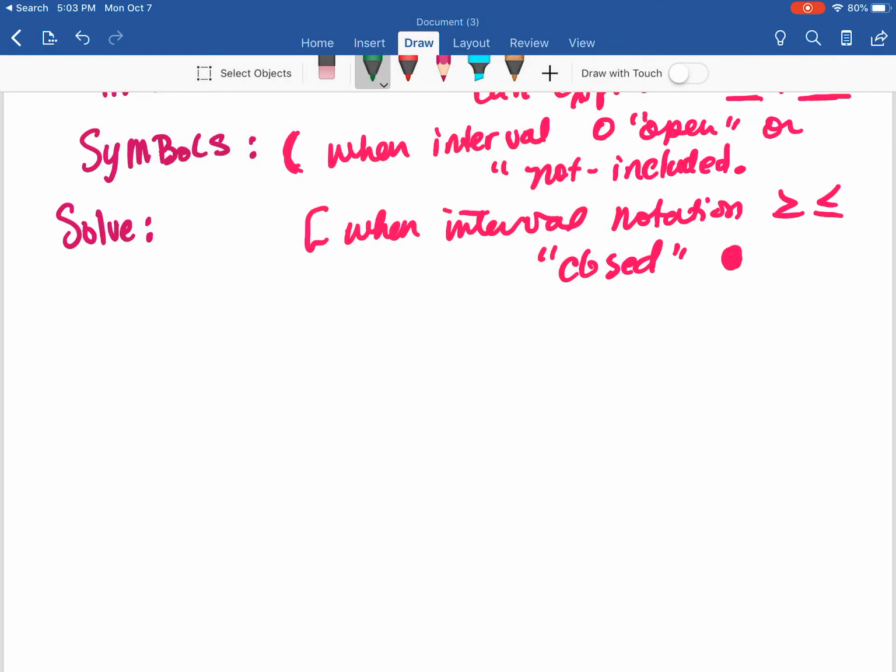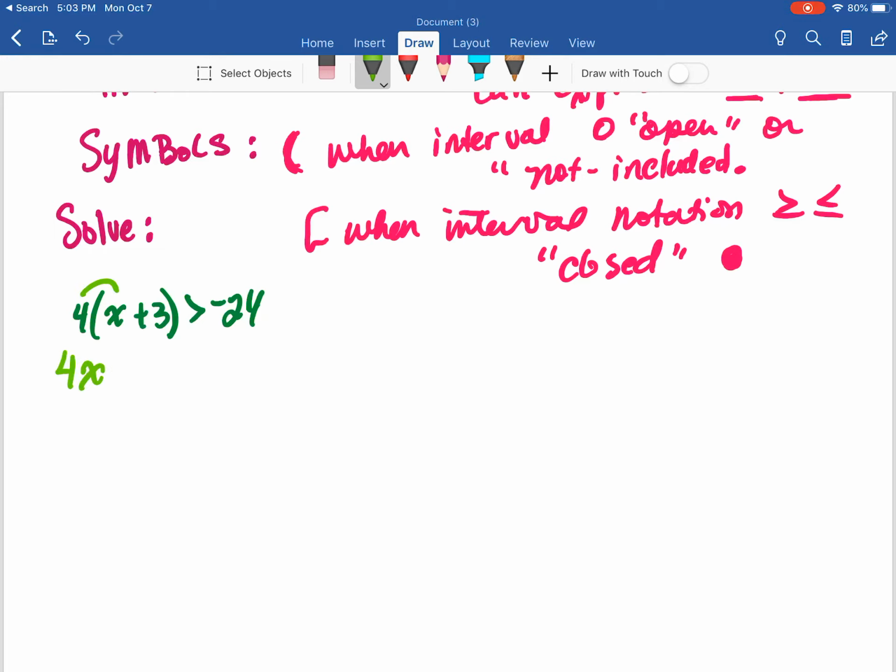I have the problem 4 times x plus 3, and that's going to be greater than negative 24. Now, I'm going to solve this just like we would do a normal equation. I'm going to treat my inequality symbol as an equal sign. So I need to distribute this.